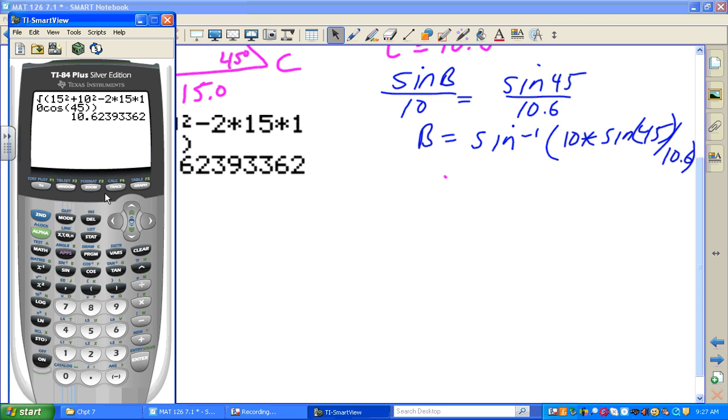So, the next one: inverse sine, 10 times the sine of 45 divided by 10.6. 41.8.